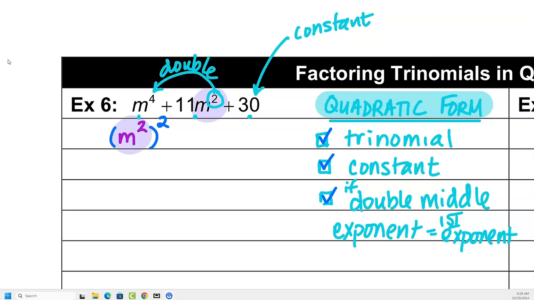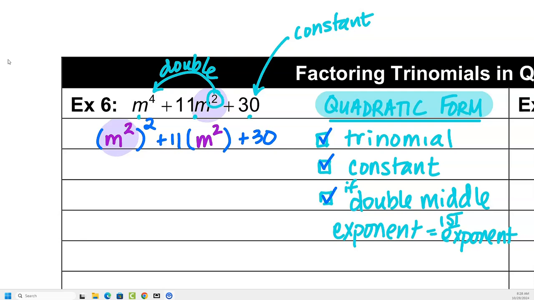So it's going to be m squared squared, plus 11 times m squared, and then plus the 30. Do you guys agree that that second line is equivalent to the first line?